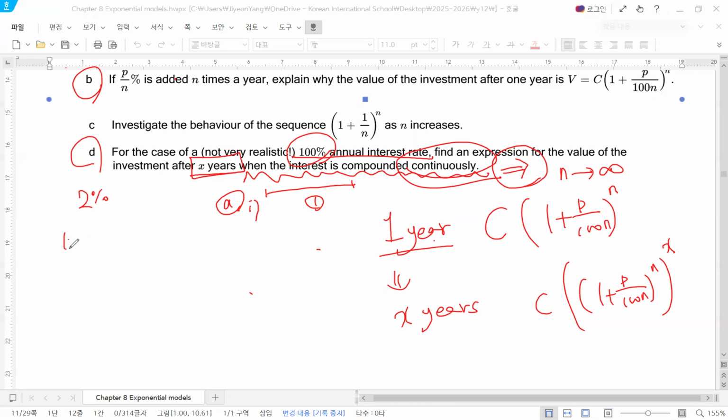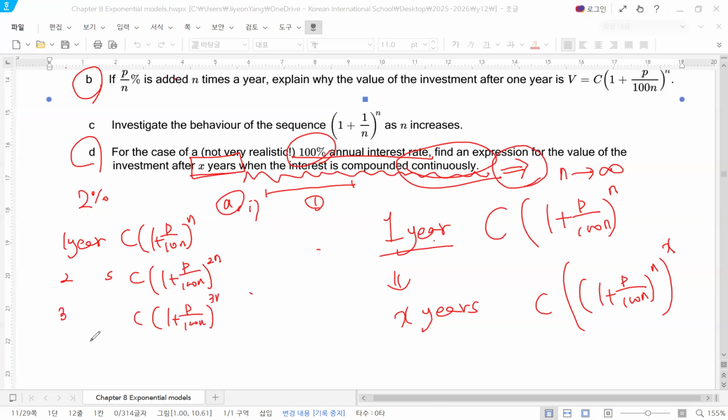For 1 year, it's C(1 + P/100n)^n. For 2 years, C(1 + P/100n)^(2n). For 3 years, C(1 + P/100n)^(3n). Therefore, after X years, it should be in this way, nx.